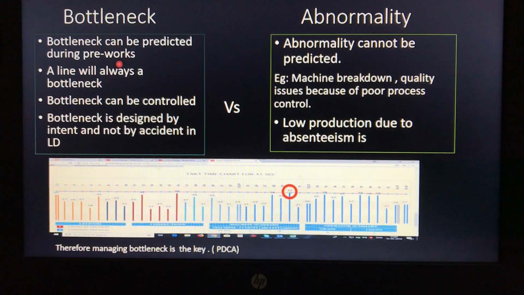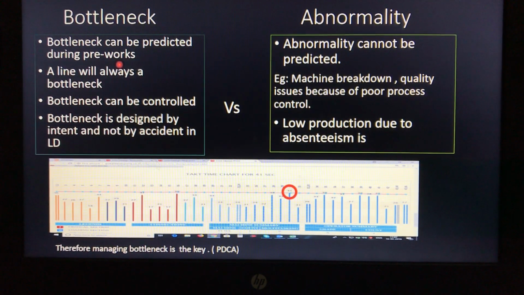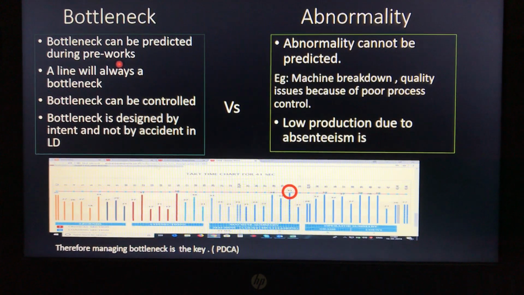When you see a garment or when you see the OB, I think anybody can predict so-and-so operation is critical, so-and-so operation might take a longer time to do, so we need to put 2 workstations or 3 workstations, because you can predict the bottleneck.